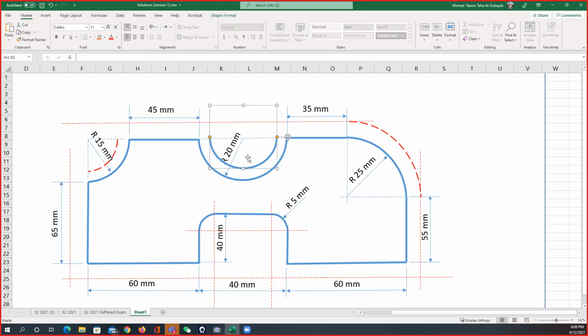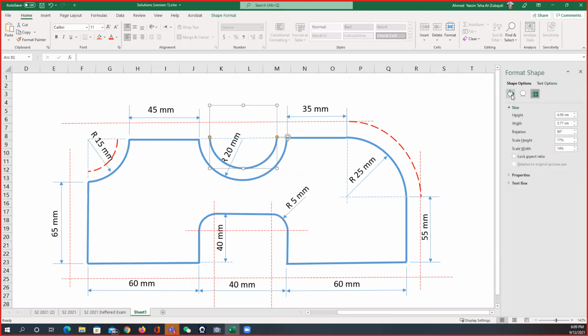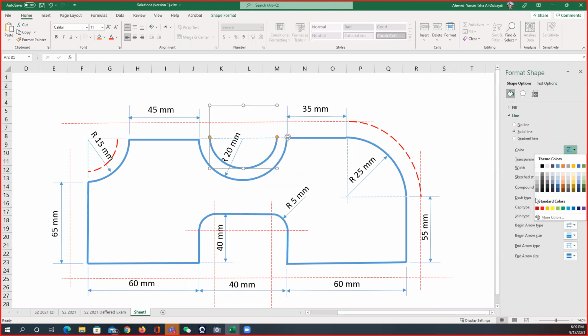Okay, so we are getting there. Change the properties. And once again, it's going to be red, and to be small. Okay, and it's going to be dashed.